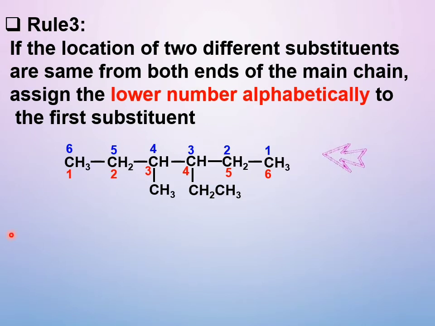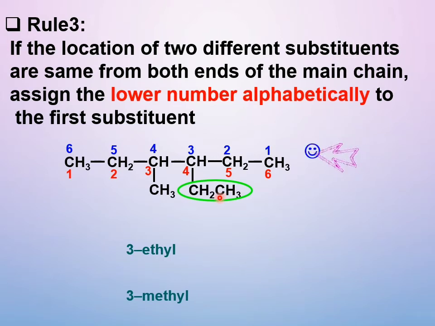Based on the substituents, I have methyl and ethyl. Ethyl comes first alphabetically, starting with E. So I should start the numbering from the right, so my ethyl can be the first substituent. We give ethyl the first substituent because it has the lower alphabet: E comes first and then M comes later.